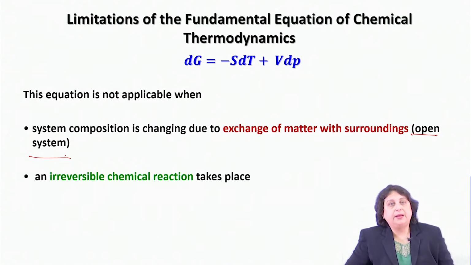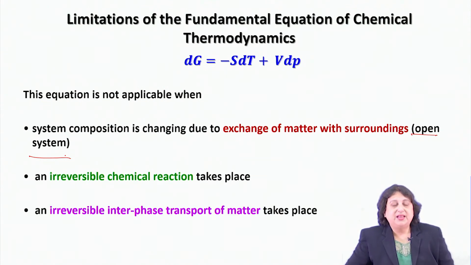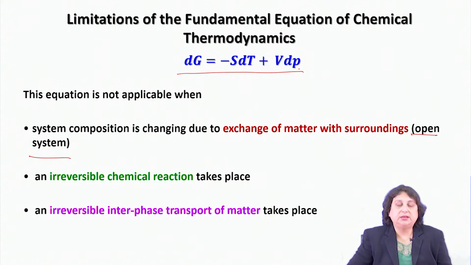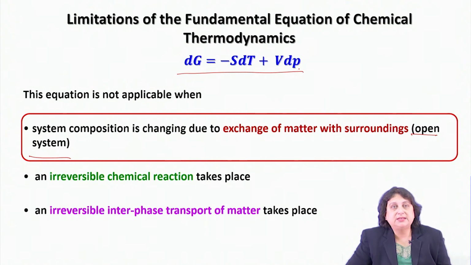Also, if an irreversible chemical reaction is taking place, or if there is an irreversible interphase transport of matter, in that case, we have to think of a generalization of this fundamental equation of thermodynamics and introduce the concept of chemical potential and look at how Gibbs free energy depends on chemical potential and the change in composition of the system due to the exchange of matter.